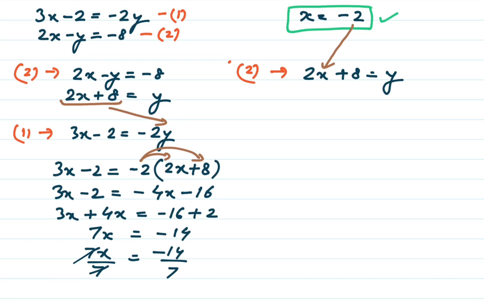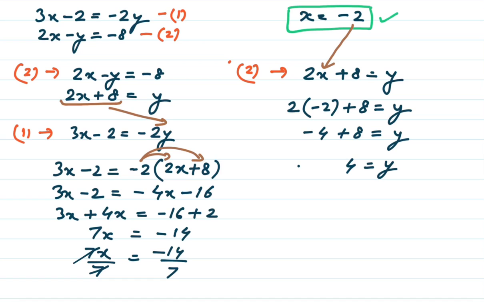And so my equation becomes 2 times negative 2 plus 8 is equal to y, which is negative 4 plus 8 is equal to y, and so this is 4 equal to y, or I can say y is equal to 4.